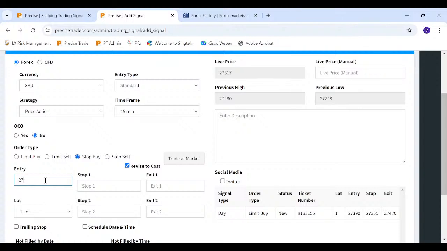We are going to get 2759 stop and 2759.545. Okay, there's a $4.5 risk.